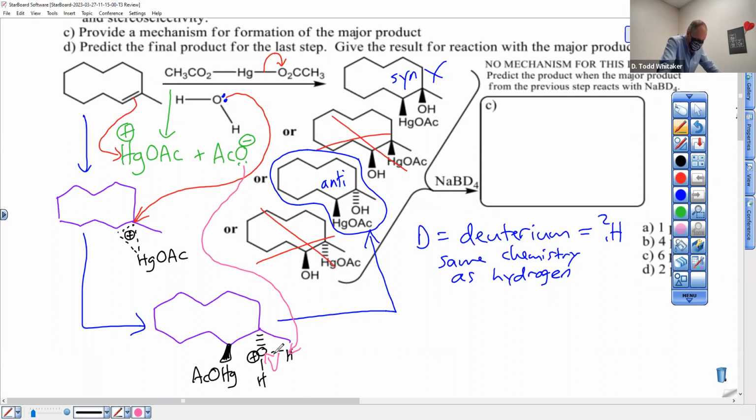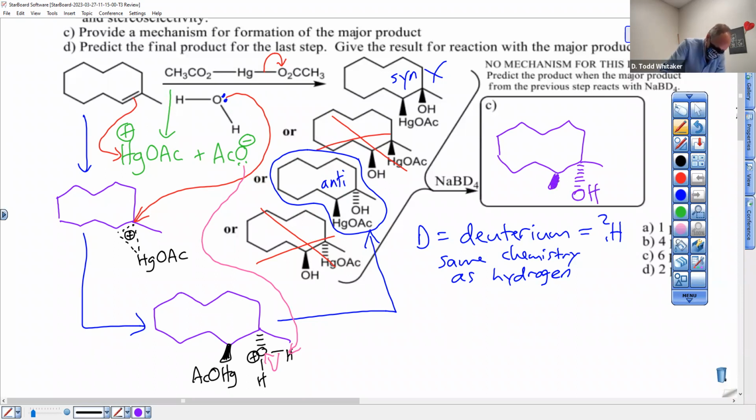And what is NaBD4 going to do? Well, you copy everything. Remember, the step's called demercuration. Copy everything except the mercury. The OH is here, methyl's here. What goes in the place of the mercury on the wedge?